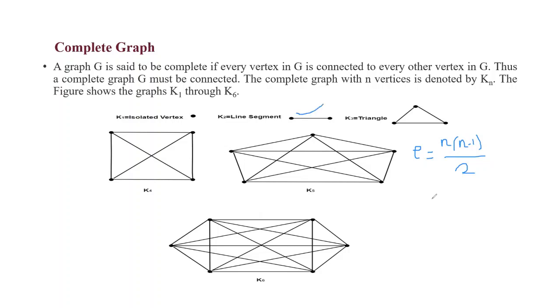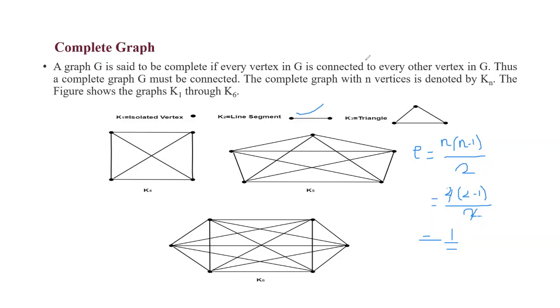Here n is the number of vertices. So 2 into 2 minus 1 divided by 2, this 2 gets cancelled, so it is 1. The number of edges is 1.